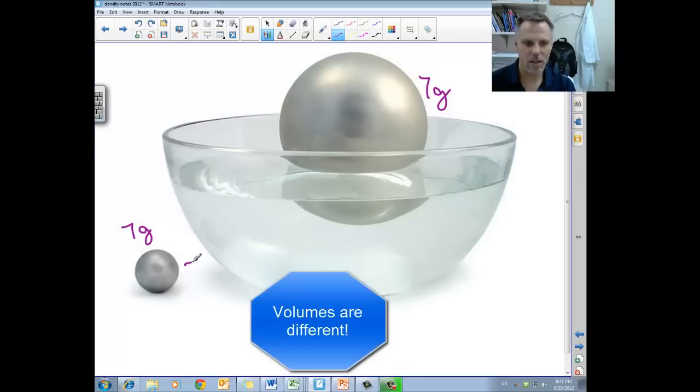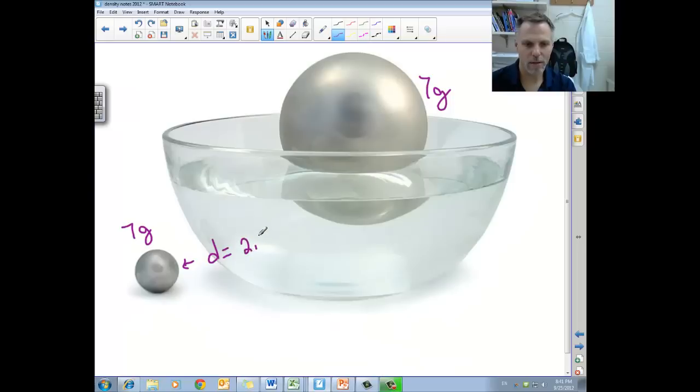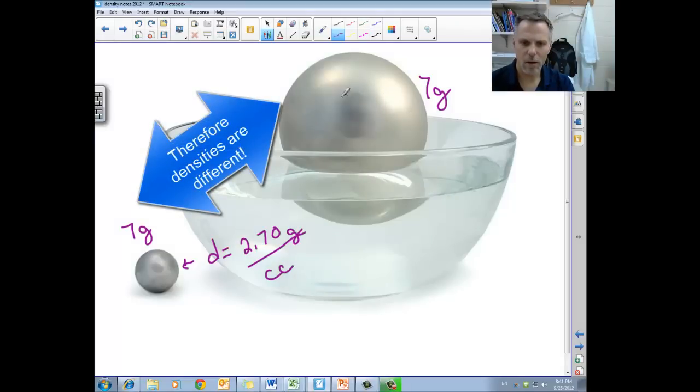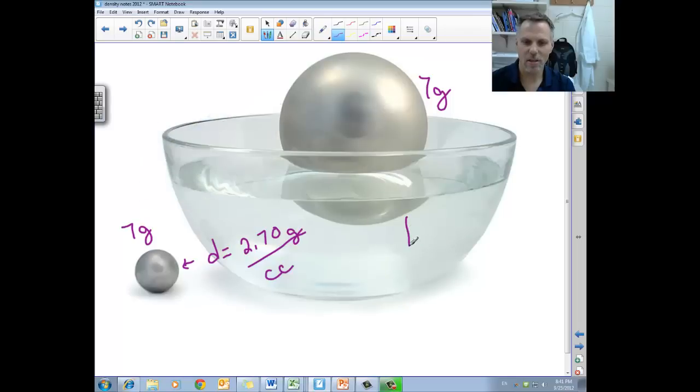This one here is solid, and its density is 2.70 grams for every centimeter cubed. cc means centimeters cubed. This one here has a larger volume, but the same mass. Therefore its density is less than 1.